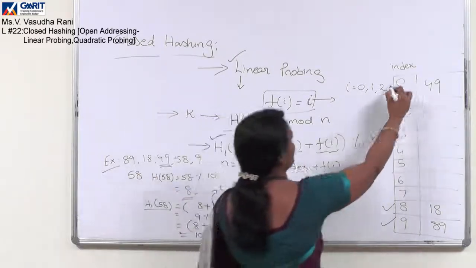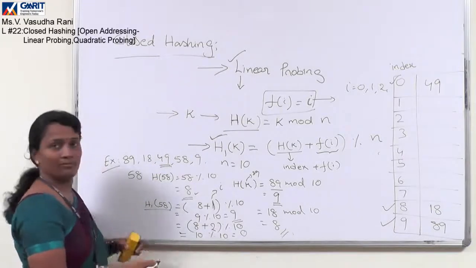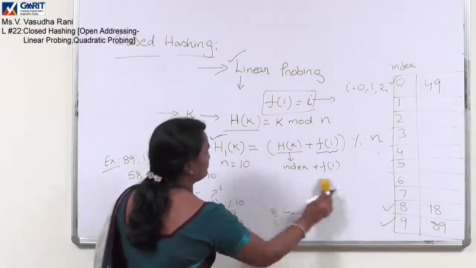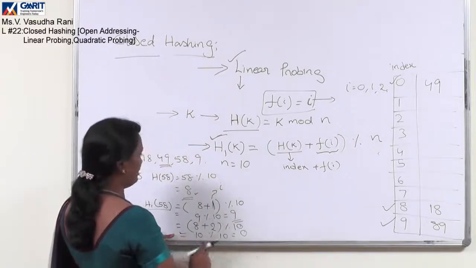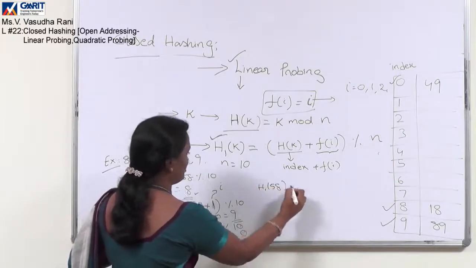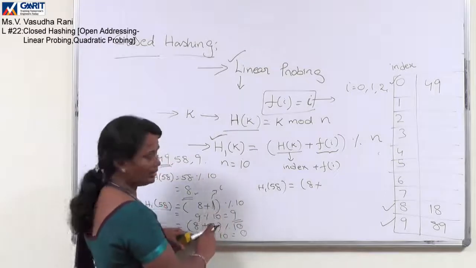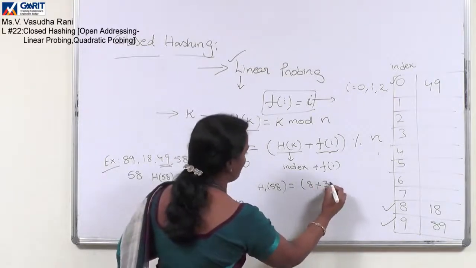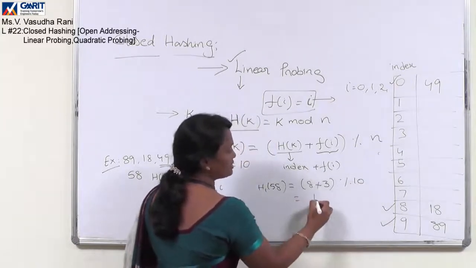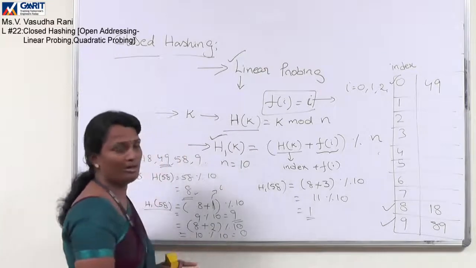But if you see the 0th index, it is also filled, so we have to find the next location. Still we have to process the same thing: h1 of 58 equal to 8 plus 1, 2 we have already tried, and 3 we have to take now. 8 plus 3 is 11, mod 10, which is generating an index 1.